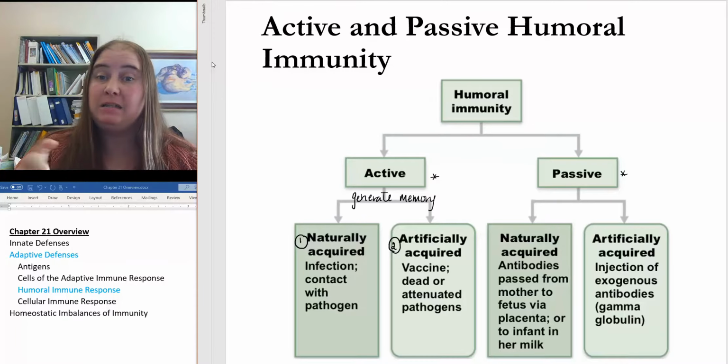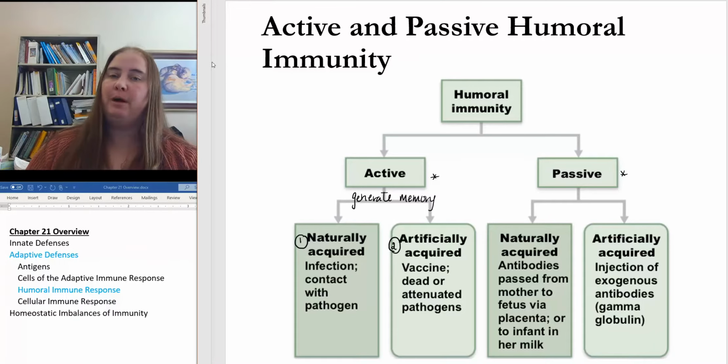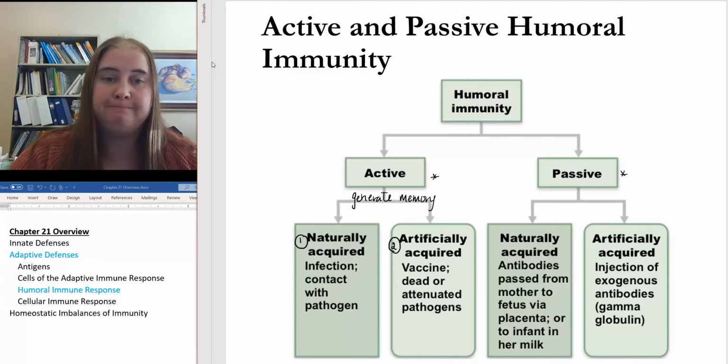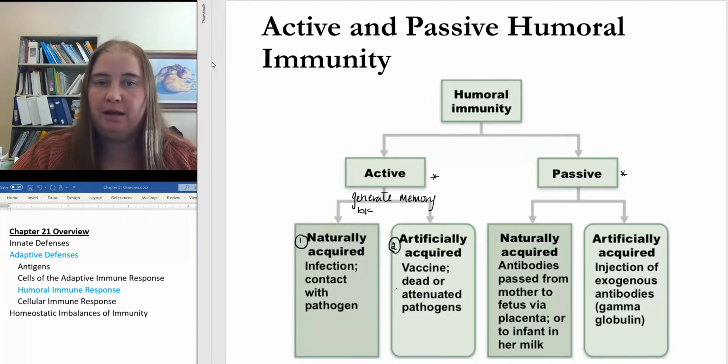So the disease-causing portion of the pathogen has been removed, and all the body is seeing is fragments of that pathogen. Because you're acquiring it artificially through a vaccine, through an injection, we call it artificially acquired. However, because you're still seeing the antigen, you're going to generate memory. So again, we generate memory because we see the antigen.